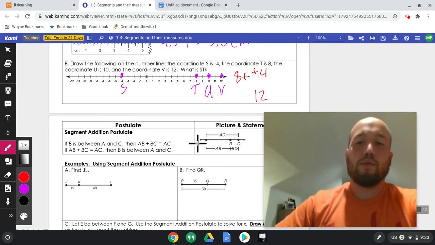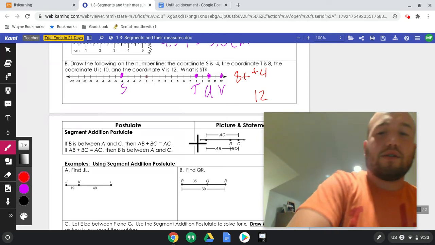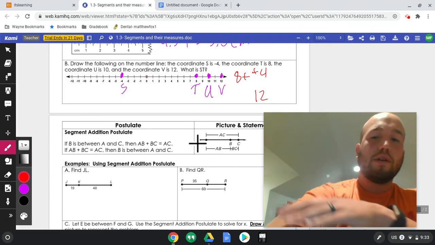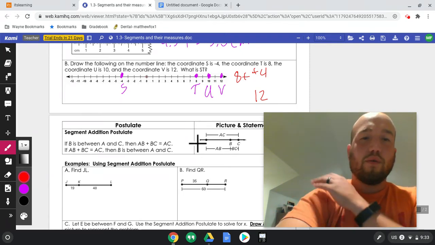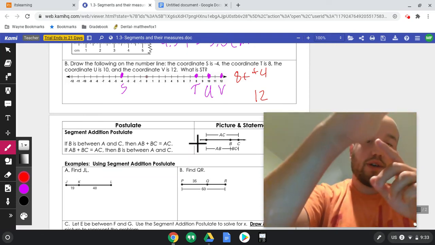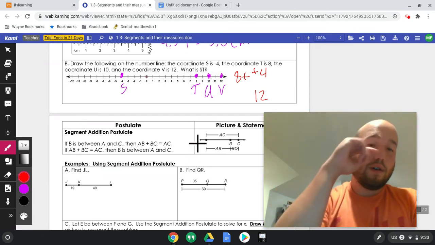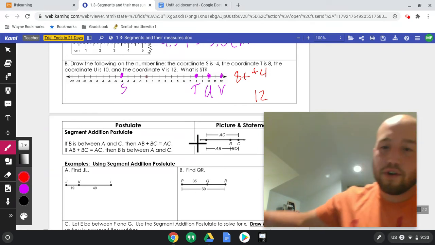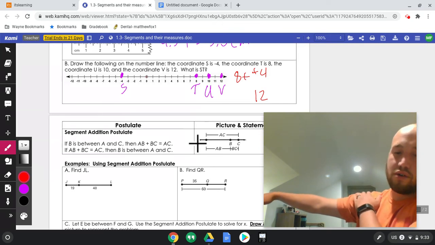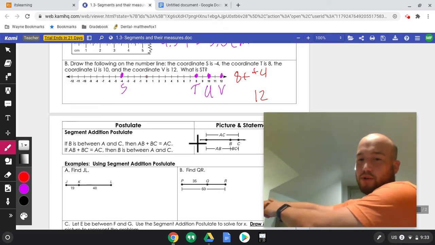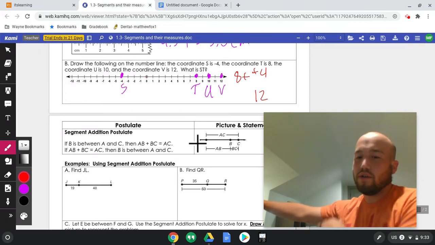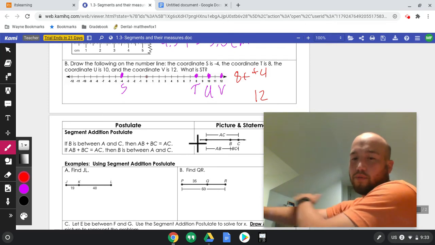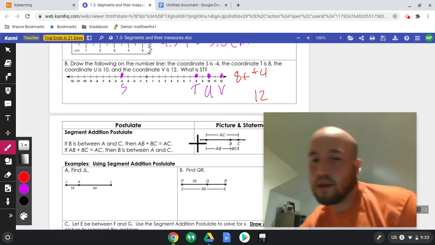Now, my example for that, if I'm trying to measure my arm and I measure from my elbow to my shoulder, and I find that that has a measure of 12 inches, and then I measure from my wrist to my elbow and find that that has a measure of 11 inches. How far then is it from my shoulder all the way to my wrist? And hopefully you can figure out if this part is 12 and this part is 11, that means 12 plus 11, the whole thing is 23.